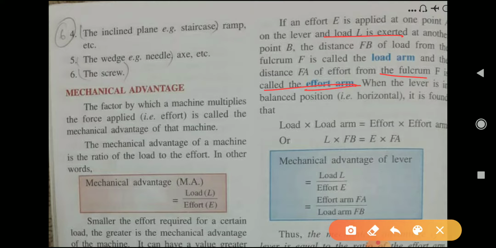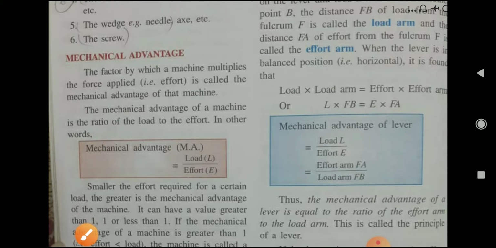When a lever is in balanced position, it is found that load into load arm is equal to effort into effort arm. I already explained what load and effort are. So when this lever is in balanced position, that is, horizontal, load into load arm is equal to effort into effort arm.